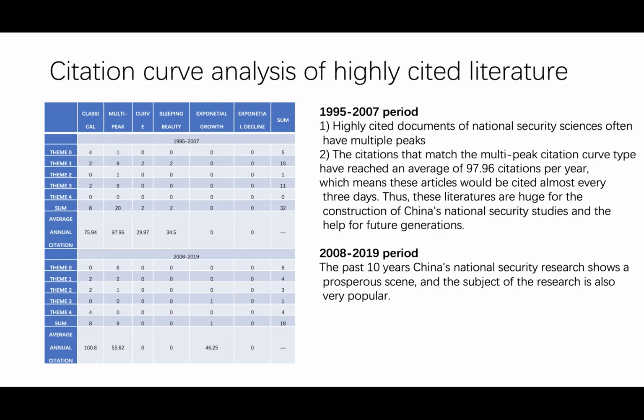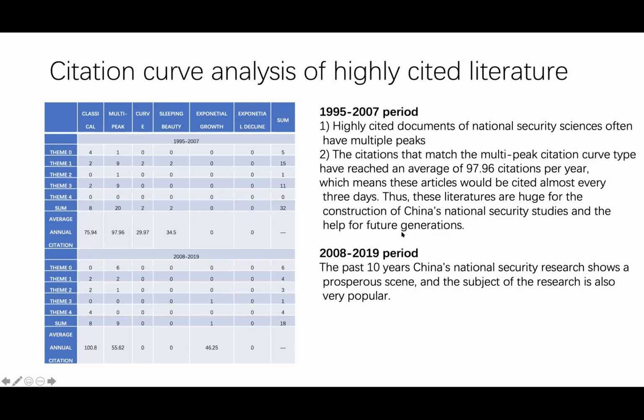We can see that the highly cited documents of national security science in the first period often have multiple peaks, and the articles in the first period play a role as a foundation because they are highly cited, which means many scholars and researchers read these articles and extract information and knowledge from them. So it is like a backbone of the development in China.